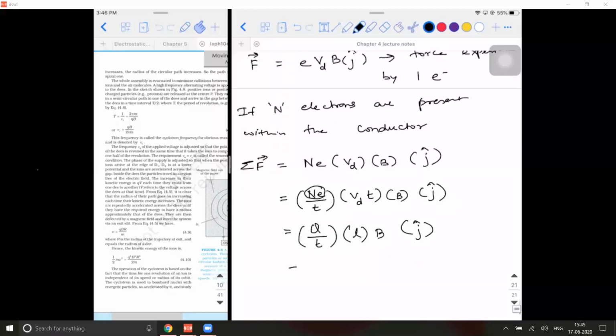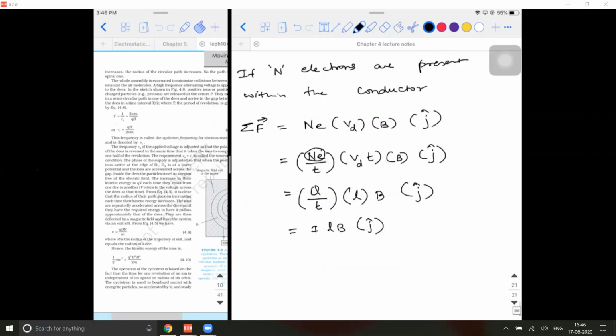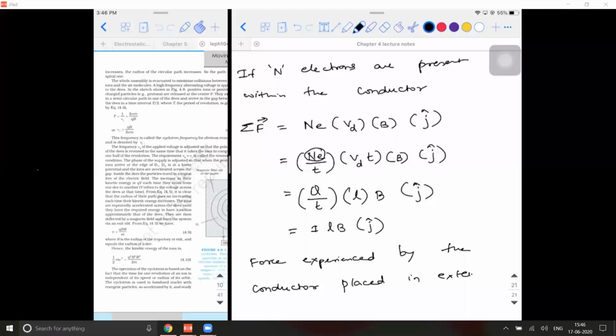What is this Q by t? The rate of flow of charge is called current. So I into L into B in the direction of j cap. This is the force experienced by the conductor itself when it is placed in an external magnetic field.